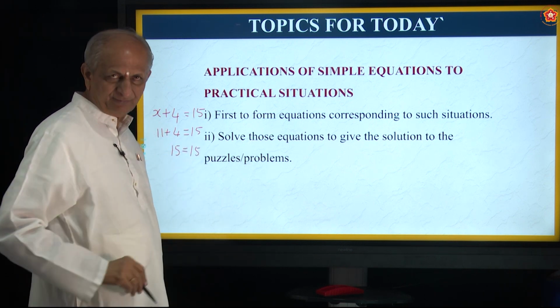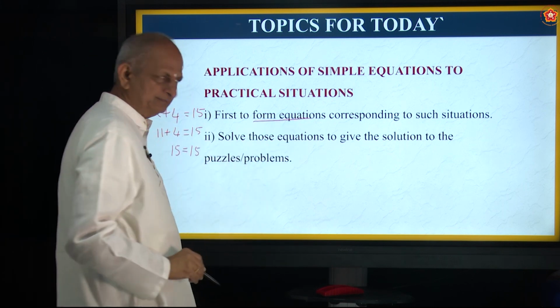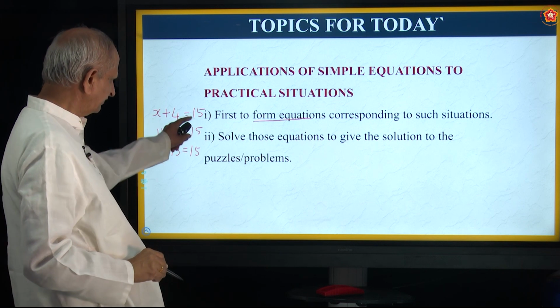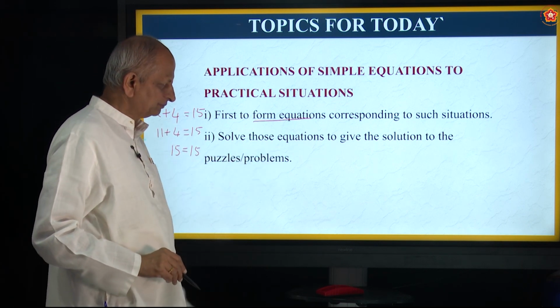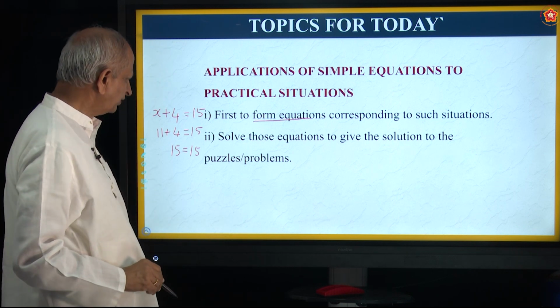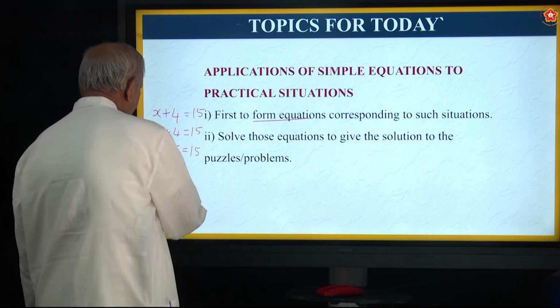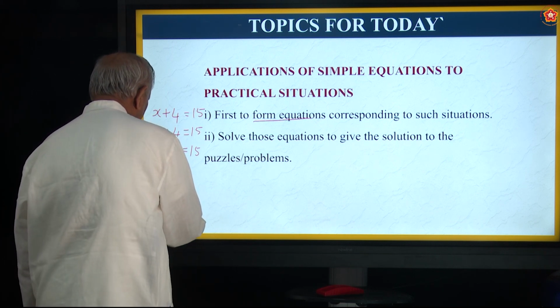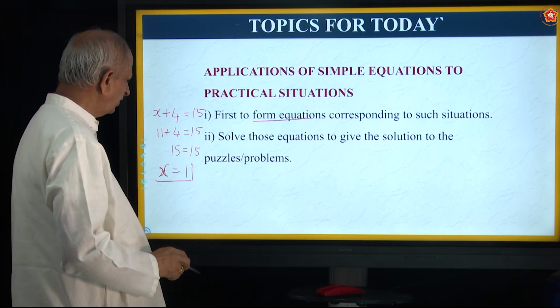So how to proceed? First, form equations. Next, solve the equations to give the solution to the puzzle. So you see the value of x is equal to 11. That is the solution. x equal to 11 is the solution.